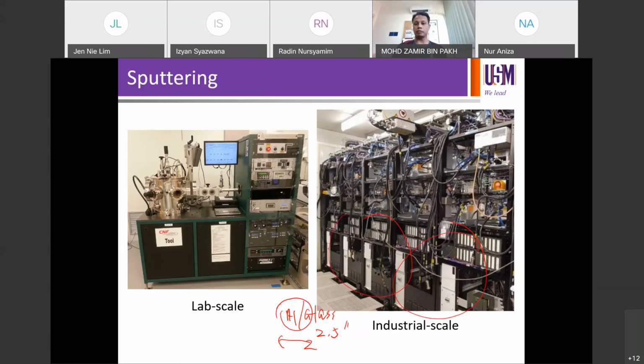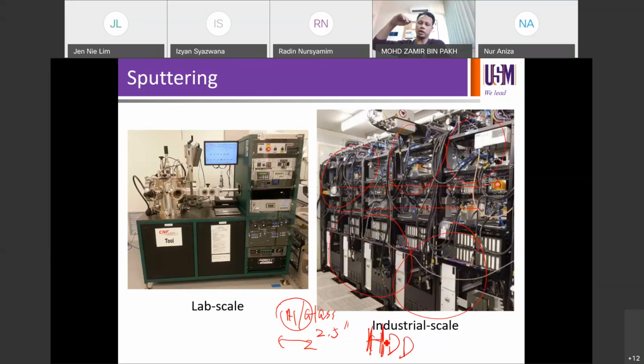So the magnetron will be somewhere there, right on the top area. So you have two tiers to do the deposition. This is particularly for the hard disk drive industry. So 20 chambers.